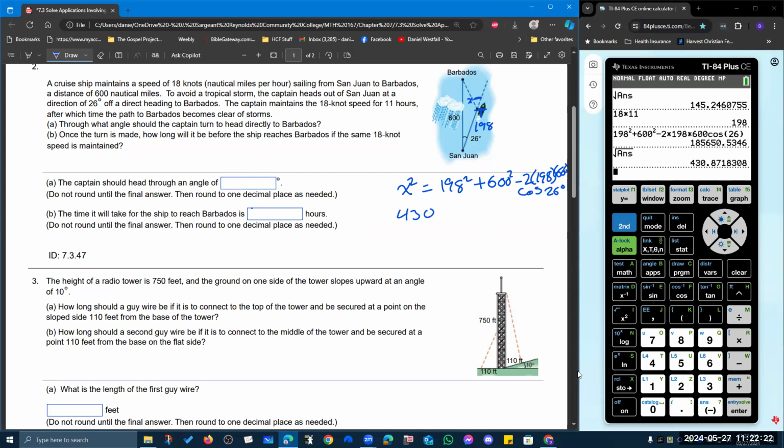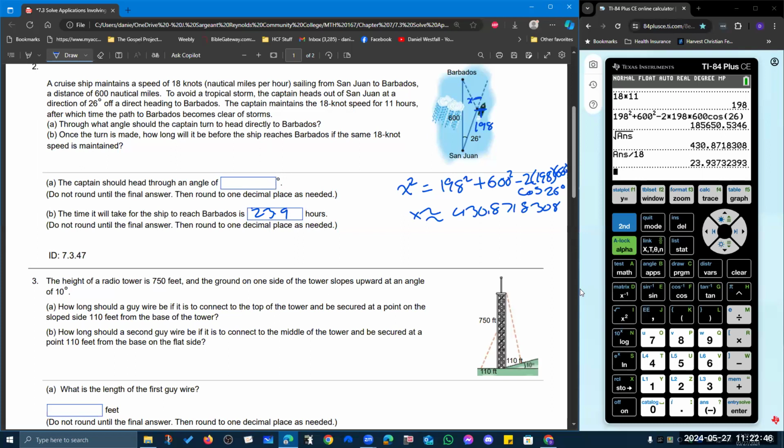And they want us to find the time, so I want to divide this by 18, and this is going to be 23.9 hours. So X is about 430.8718308. And so my time is going to be that divided by my speed.